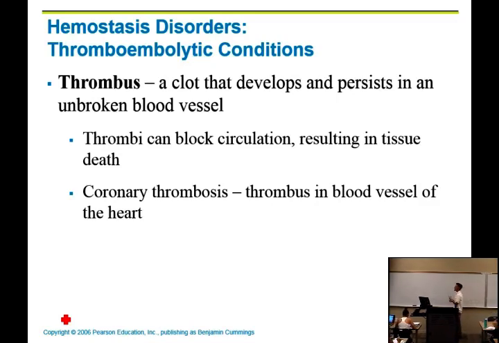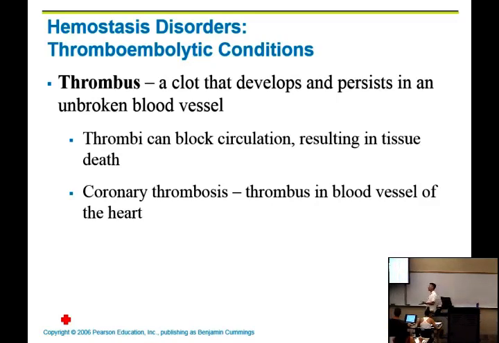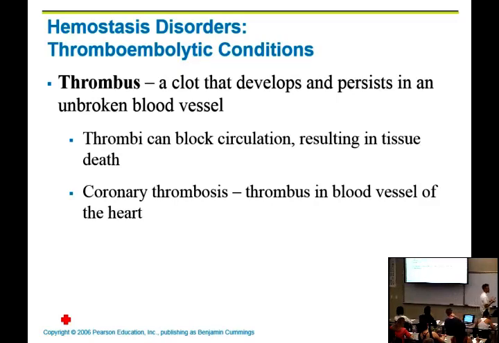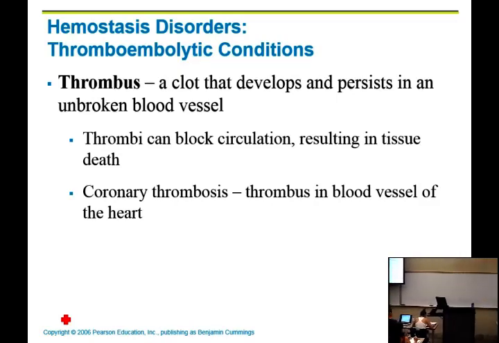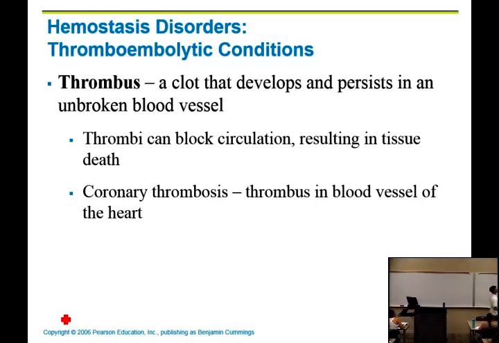So we have things floating around in the blood that work to remove clots. We also have things floating around in the blood that work to prevent erroneous clots from happening. But they do sometimes happen. We talked about deep vein thrombosis. When we talk about clots, a thrombus is a clot that develops and persists in an unbroken blood vessel.